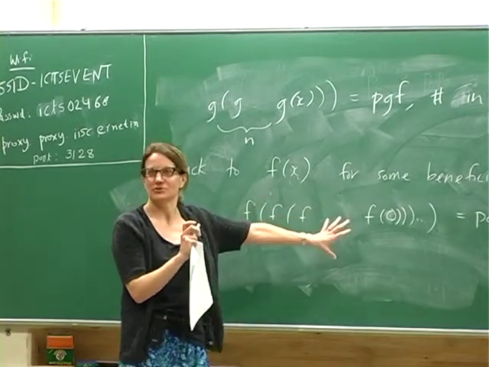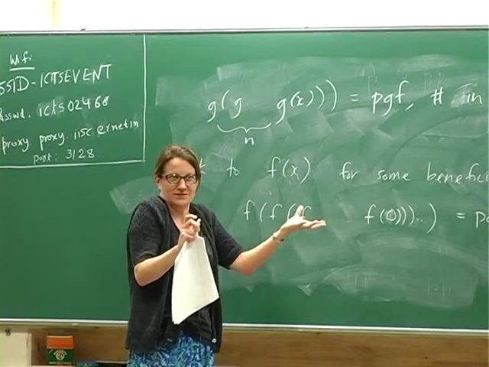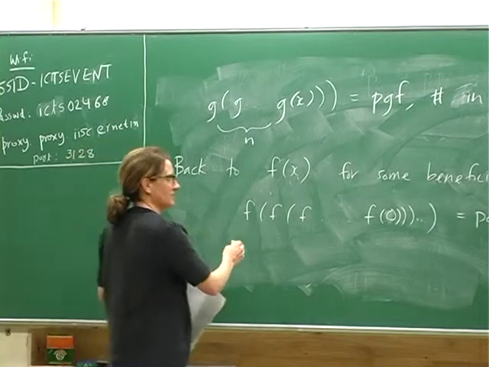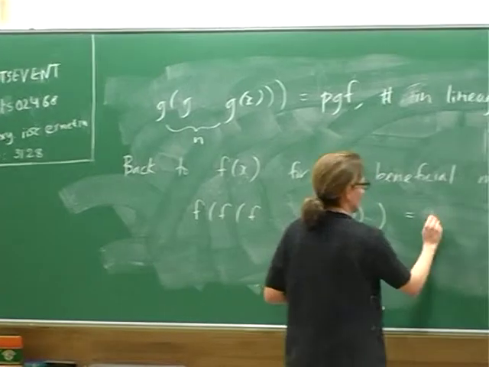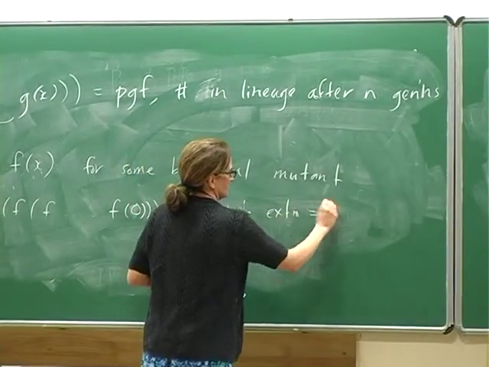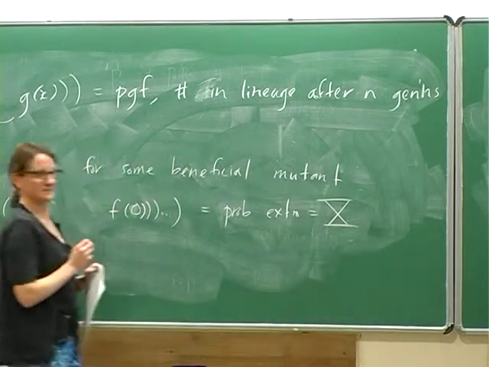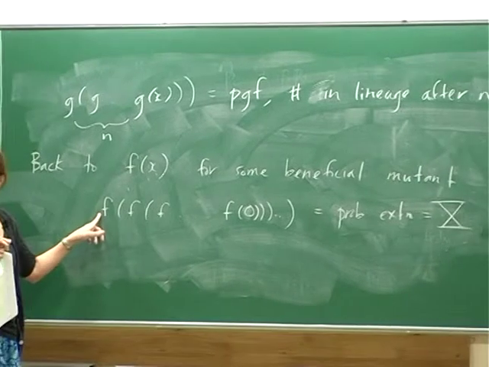Any PGF, when you plug in 0, you get the probability of 0 guys in the lineage. So f of f, it's the probability of extinction. Basically, it's our big X. Yeah. Is everyone good with this?